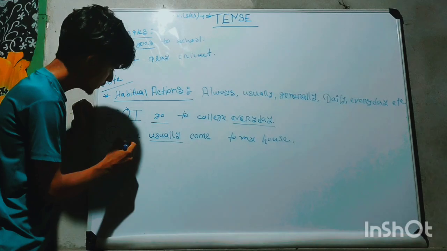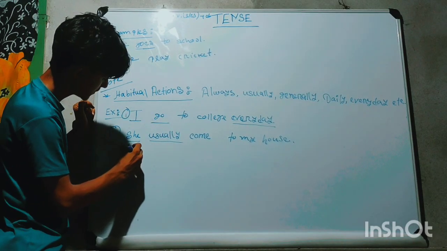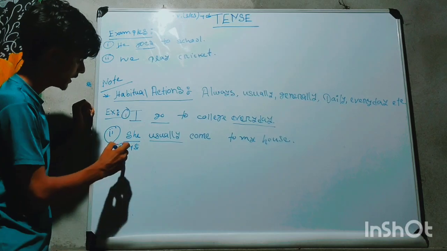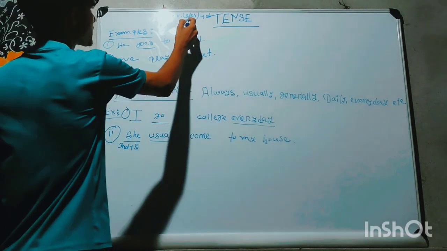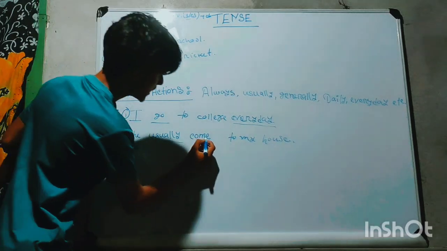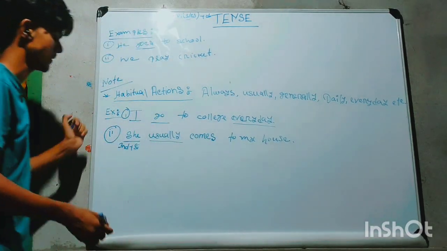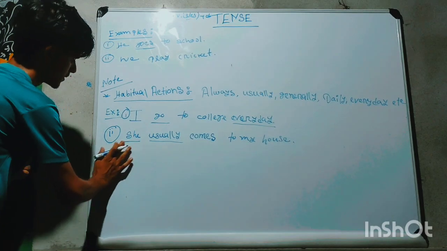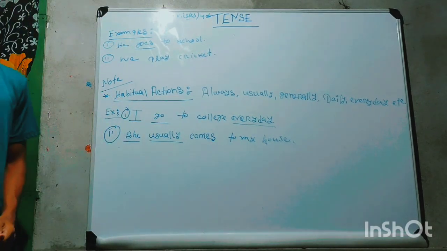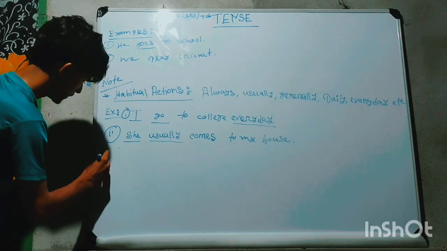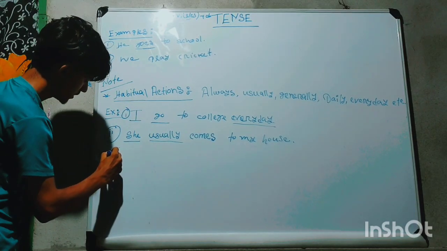We have to see that she is third person singular number. If there is third person singular number in present indefinite tense, we use s/es. There is already an e, so we use s. Is it clear? She usually comes to my house.